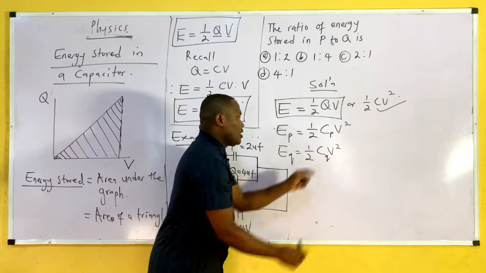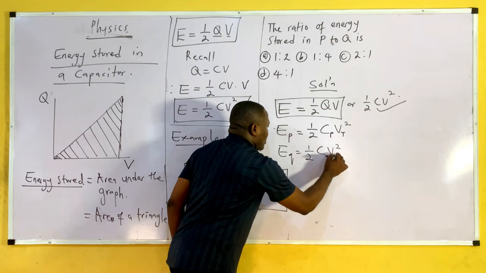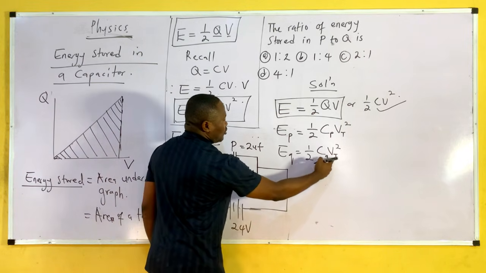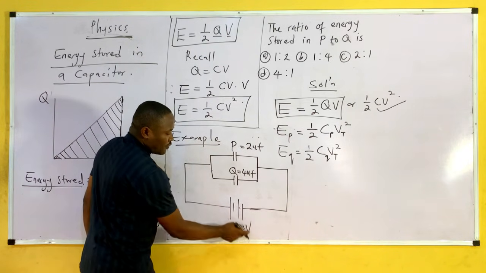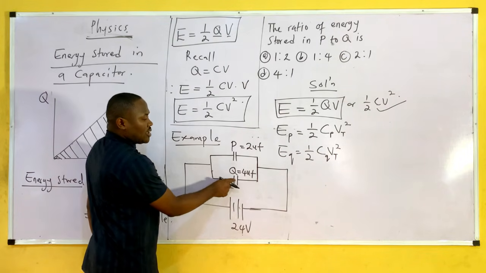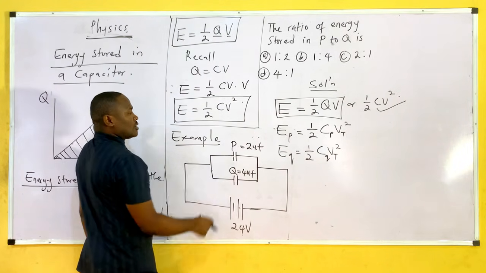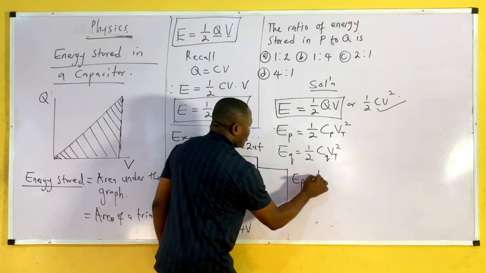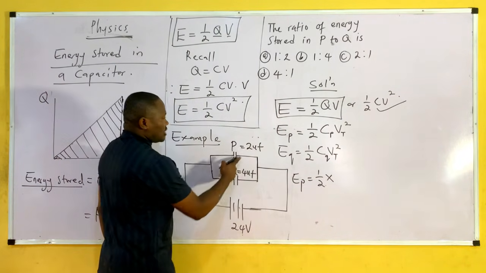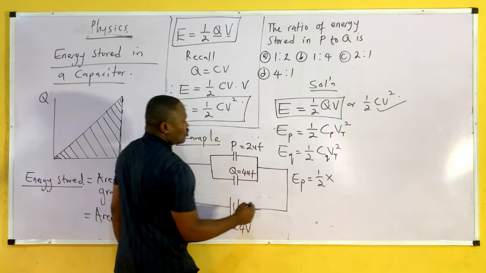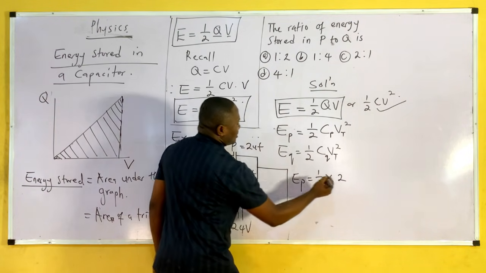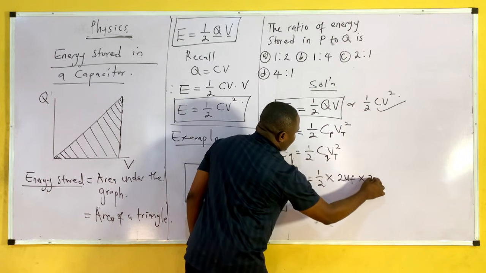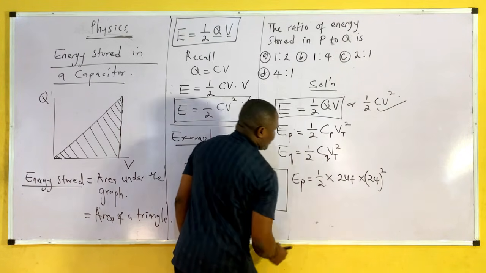The V total is what I have here and what I also have here, because the 24 volts, the total voltage, is what the 2 microfarad has and what the 4 microfarad has. So EP equals 1 over 2 times the capacitance, 2 microfarad, times 24 all in brackets squared.